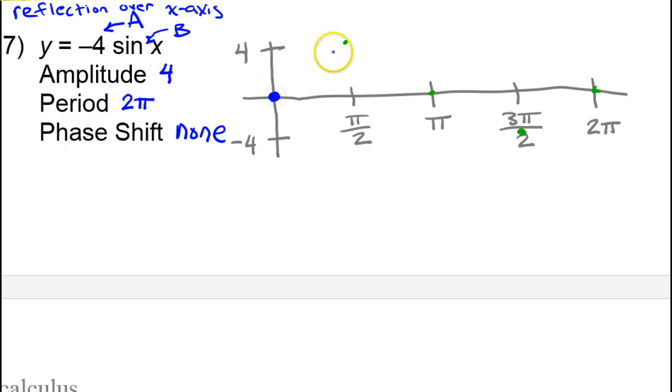So, for that reason, instead of going up, we should go down. So first the sine function will fall, and then return to the midline, and then rise, and then return to the midline. So this is what it will look like because it is reflected over the x-axis. All right, that's what number 7 should look like.